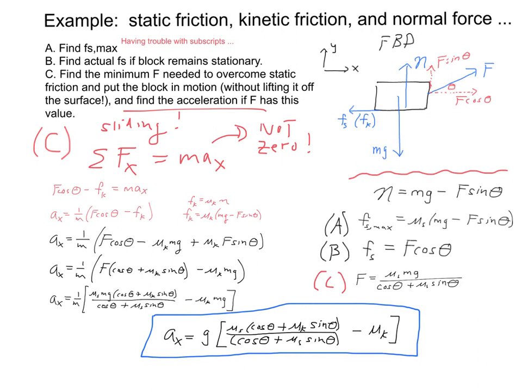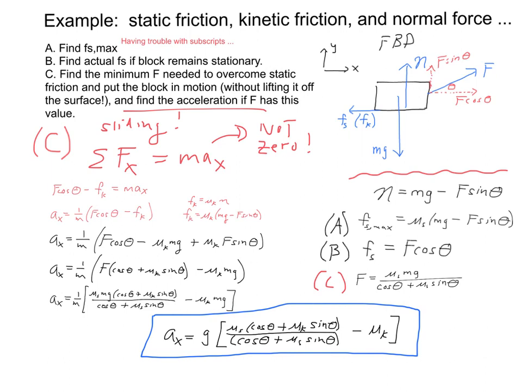Well, if that were the case, then if this F were such that F cosine theta balanced F sub s max, then F cosine theta would also just balance F sub k, and the acceleration should be 0. So let's see if we actually get 0 acceleration if we replaced mu sub s with mu sub k or vice versa. So let's look.